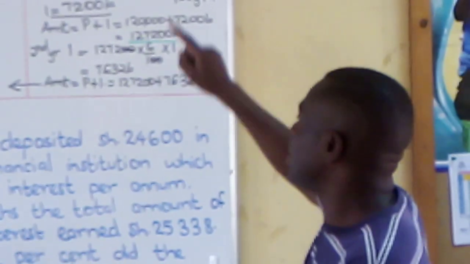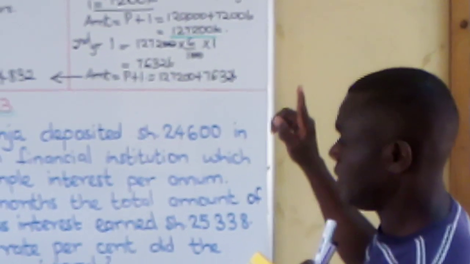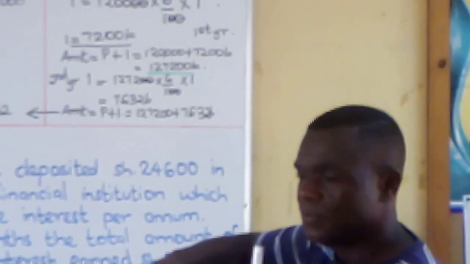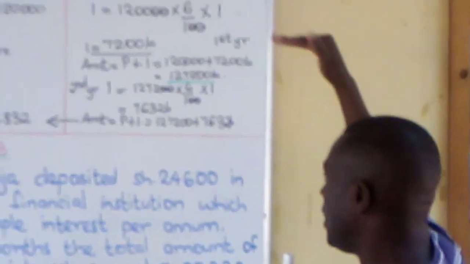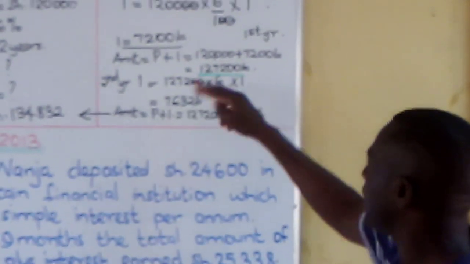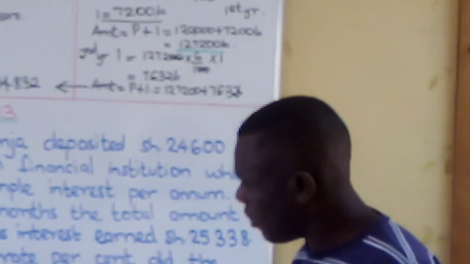127,200 multiplied by 6 over 100 multiplied by 1. Remember, we calculate annually. We don't calculate with the total number of years. We split it into several years, each year with its own interest. Then we cancel and multiply. We want to check our multiplication.